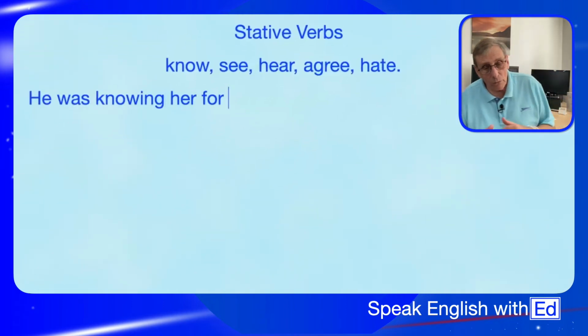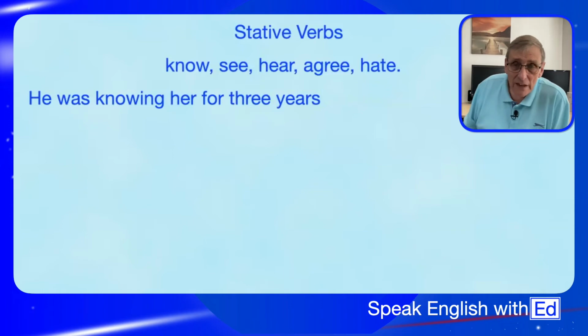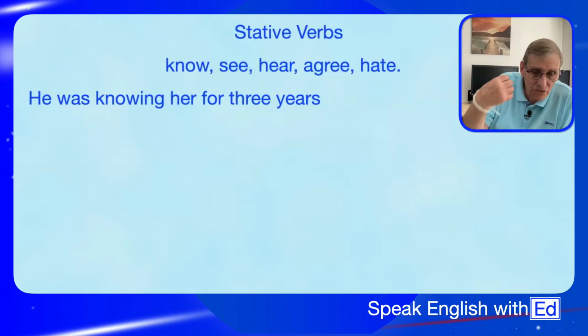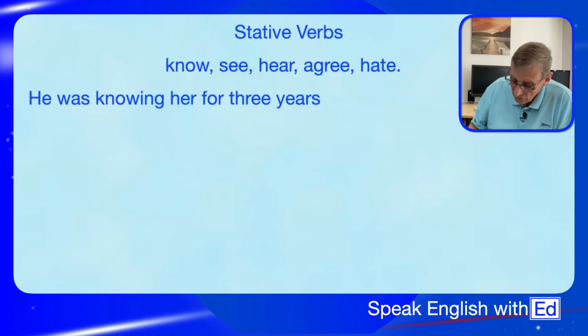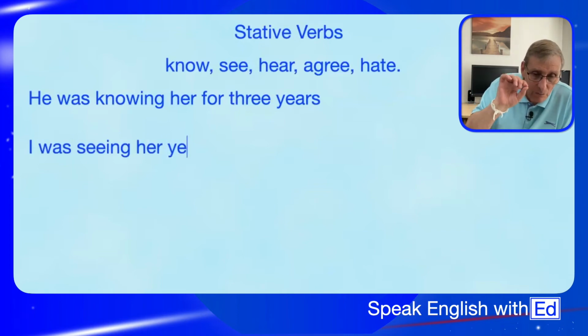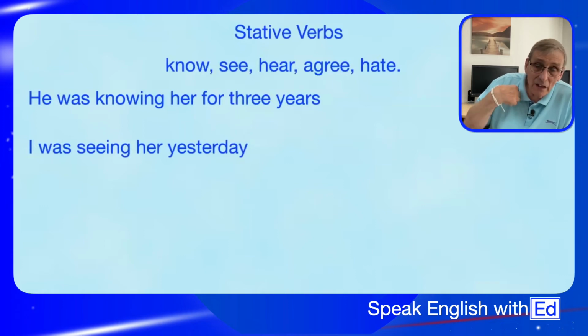So what do I mean? Well, he was knowing her for 3 years. Know is a stative verb, so we can't put ing at the end of knowing. We cannot say that. Same with see. I was seeing her yesterday.